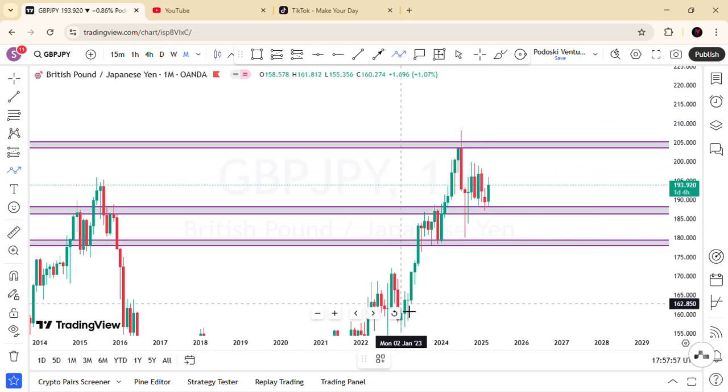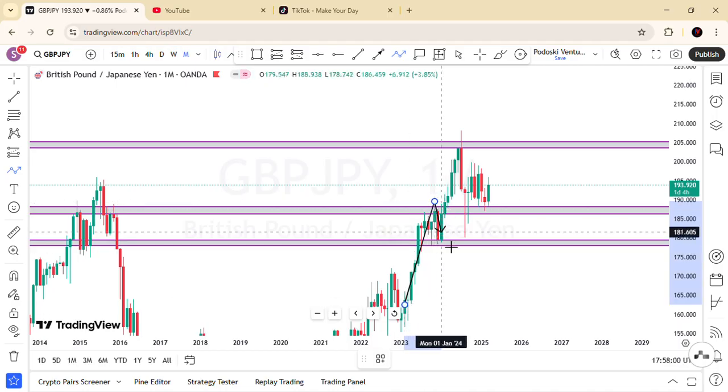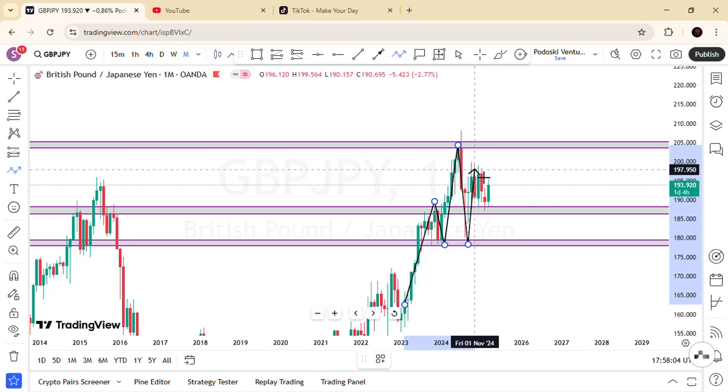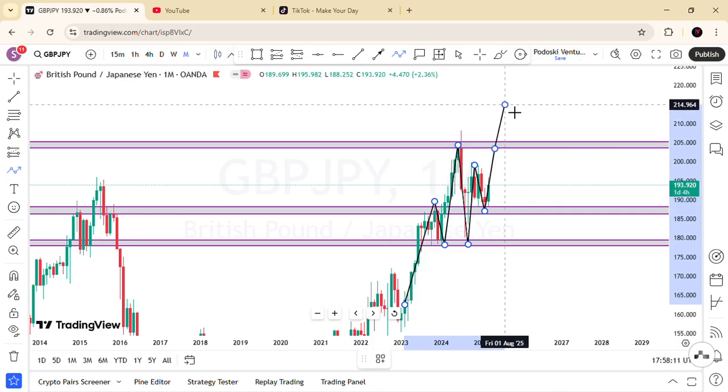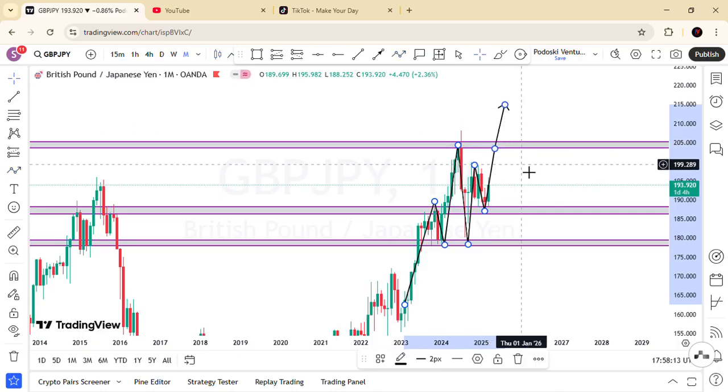So if you see a higher high, higher low, higher high, equal low, and price has gone for another high, lower low. So we are expecting a new high or a possible higher high before the drop for a higher low.